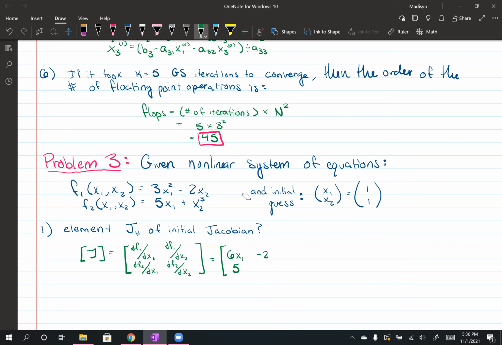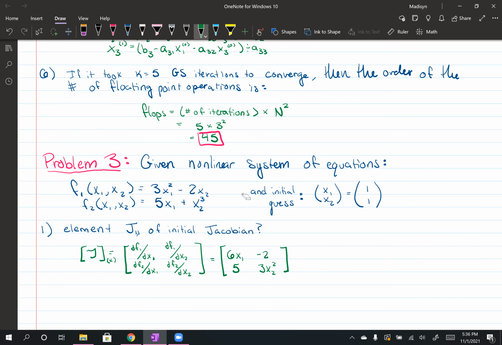And our partial of function 2 with respect to x sub 2 is 3x sub 2 squared. Like that. So this Jacobian matrix, we can say it's of K. Holds true for all iterations. But as you update in your iterations, your values for x1 and x2 will change, and that's when you plug in those values to find them.